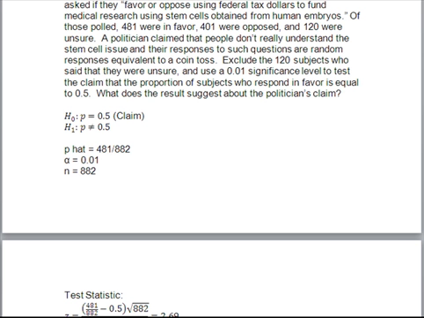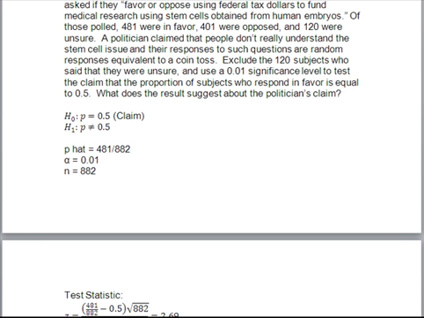So we want to make sure we understand what the claim is. Now next, since the null hypothesis is that it's equal to 0.5, our alternative would be that it's not equal to 0.5.